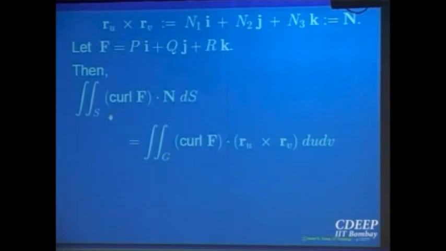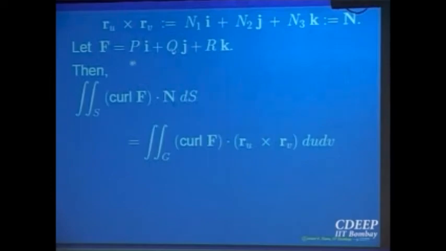That surface integral is curl F dot Ru cross Rv du dv over the region G, right? That is the definition of surface integral using parameterization. That's how we compute. Now we only have to write down this expression.